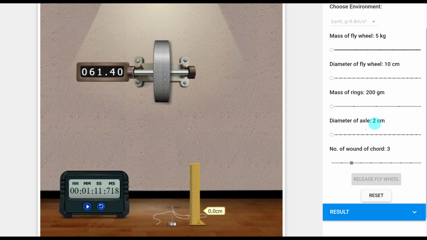Now you can repeat, as you can see that this particular simulator has the ability to repeat it. So press the reset. Now if I put the reset, this 1 minute 11 will go to 0, 61 will become 0, and this particular mass and the thread has fallen down. Again it will go here and then start, as you can see.